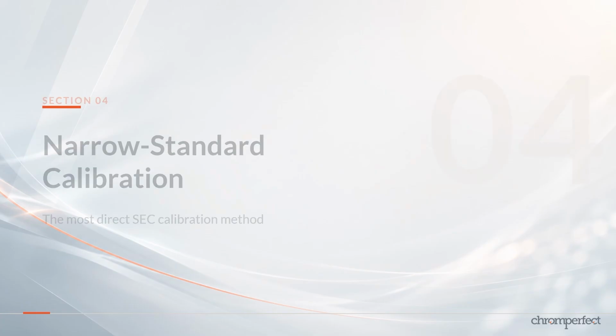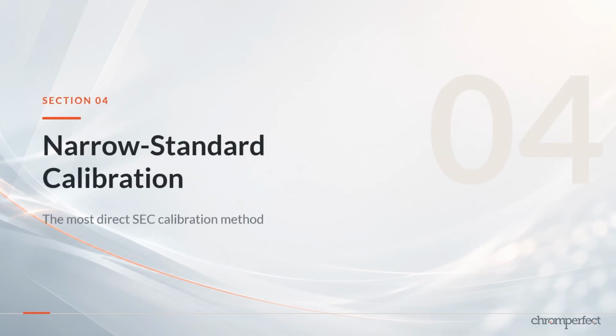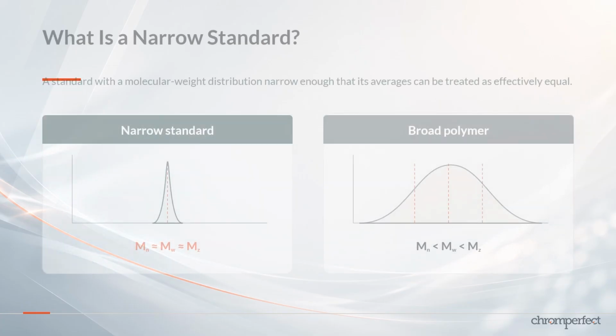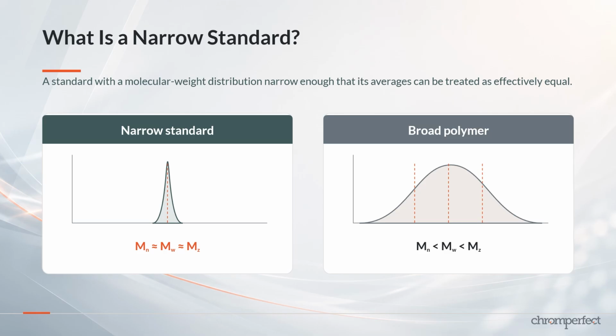Narrow standard calibration. The most direct SEC calibration method uses a series of standards with narrow molecular weight distributions. Ideally, each standard is monodisperse or sufficiently narrow that all its molecular weight averages can be treated as equal within the precision of the physical measurements.